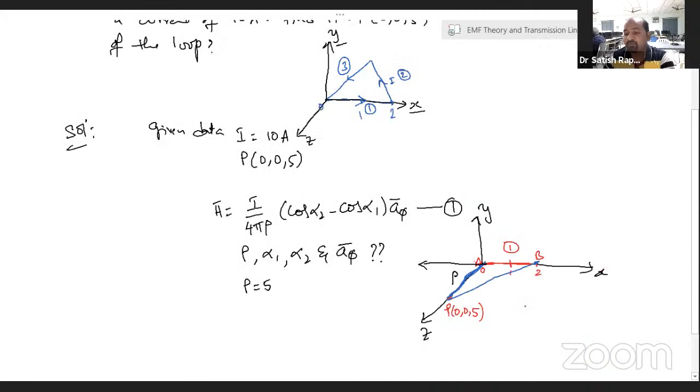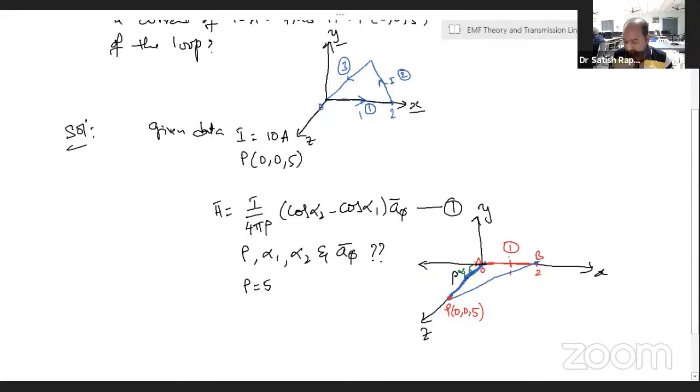So from the figure, what is alpha 1? Alpha 1 is the angle between the axis on which the current carrying conductor is considered, the x-axis. So it is the angle between the x-axis and the line joining the lower end and point P. What is the line joining the lower end and point P? Which is nothing but rho. Therefore, the outer angle, the angle between this one, so this is alpha 1, right?